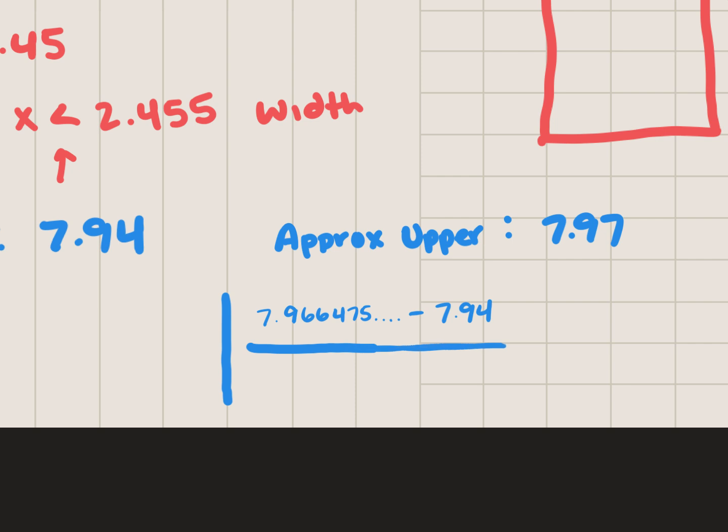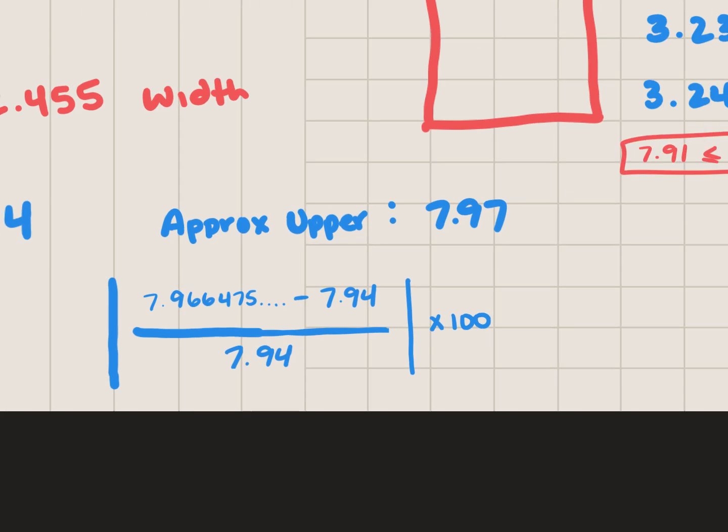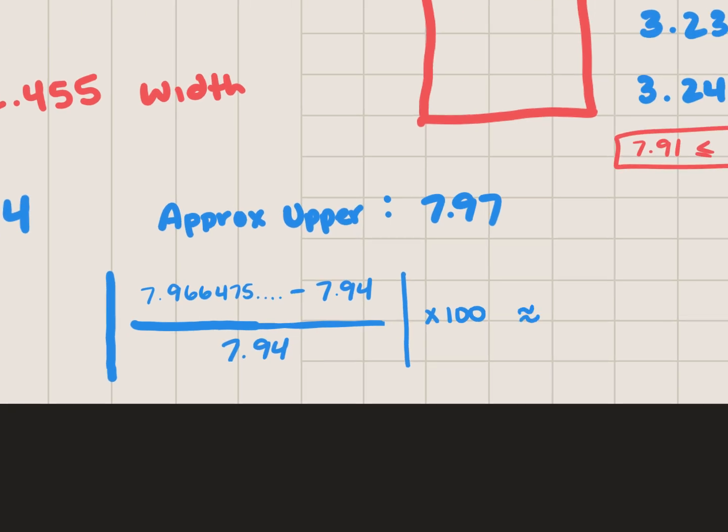Okay. All divided by our exact answer, okay? Key thing is you always divide by the exact answer here. Close your absolute value bar, times 100. Type that into your calculator. And in this case, you should get 0.333%, remembering to round to three significant figures.